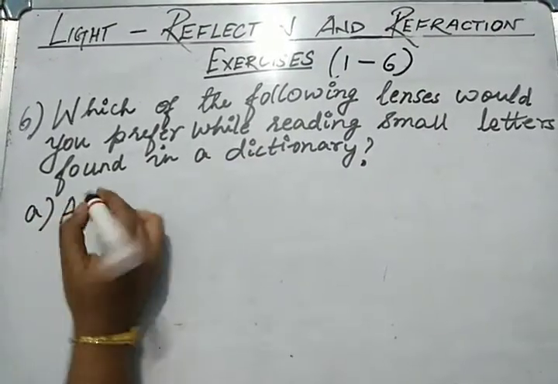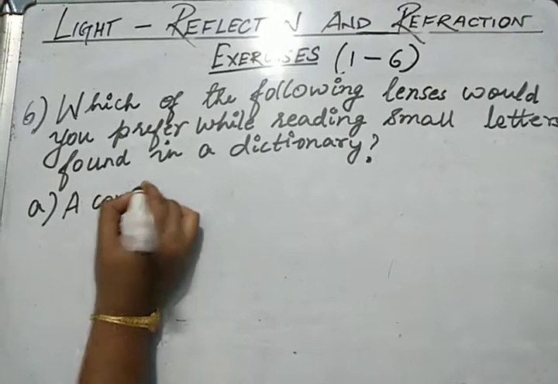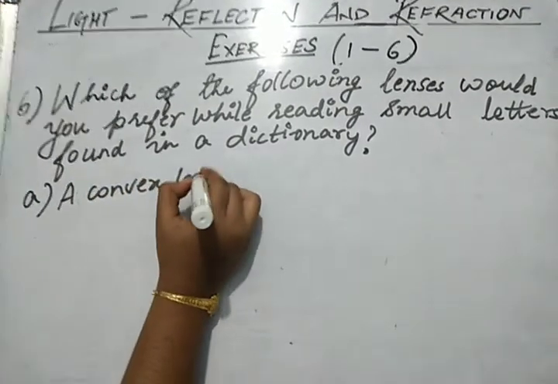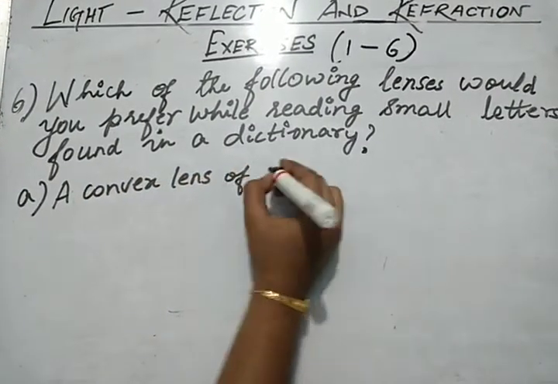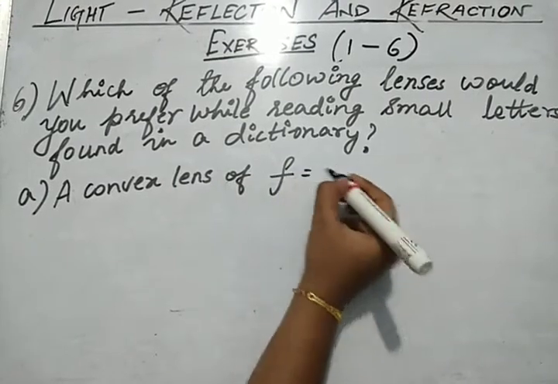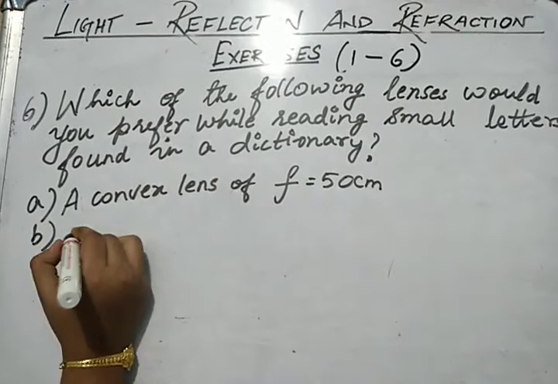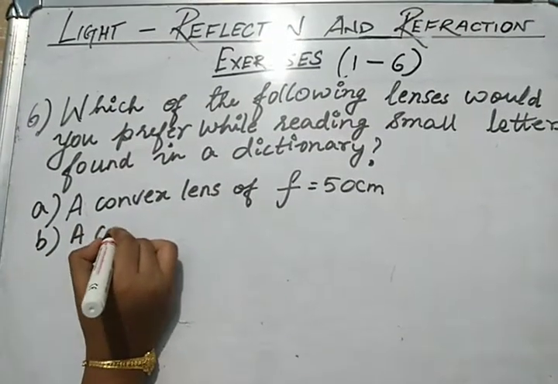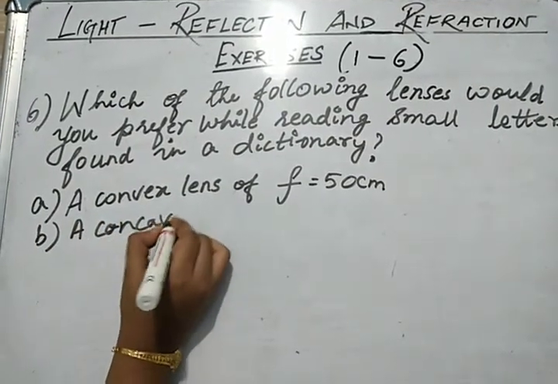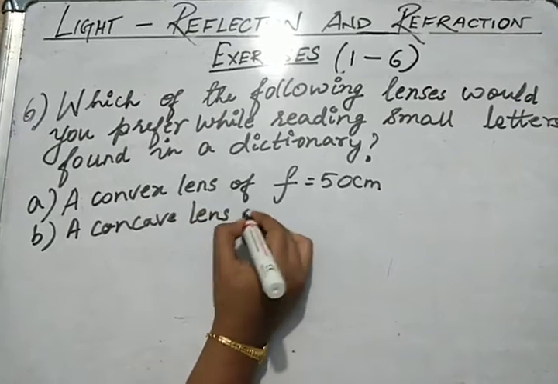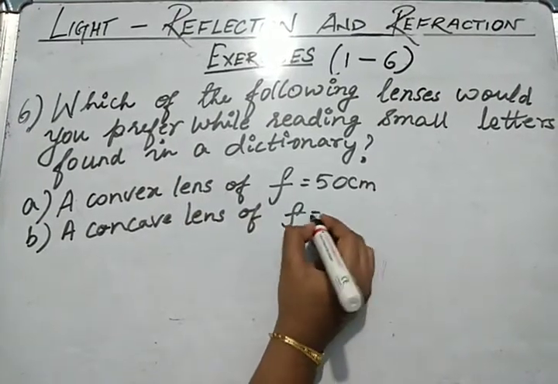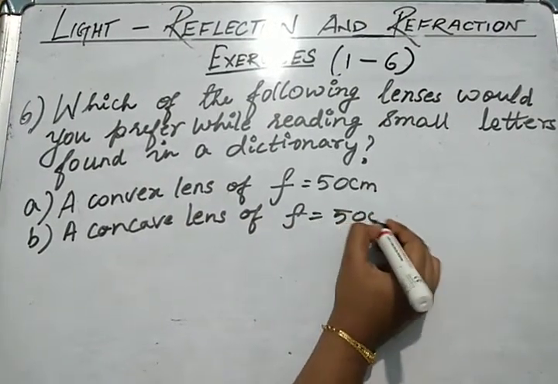A, a convex lens of focal length 50 centimeter. B, a concave lens of focal length 50 centimeter.